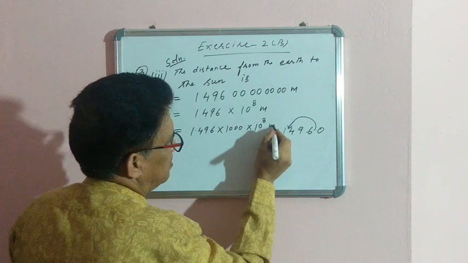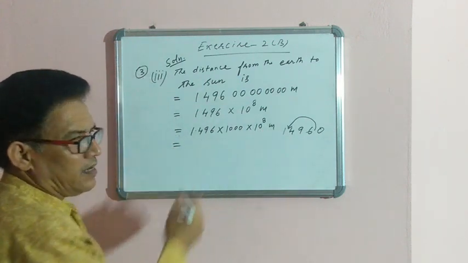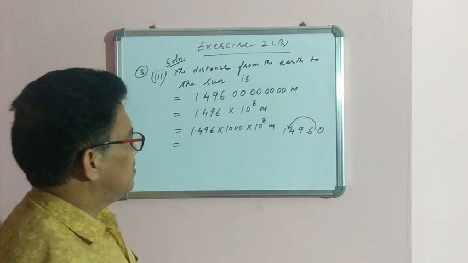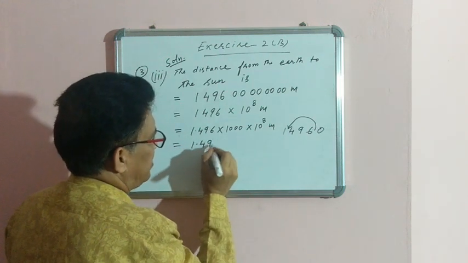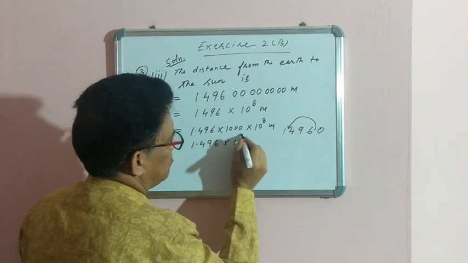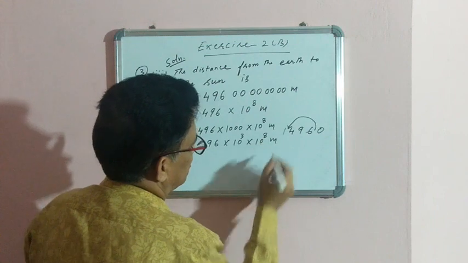Now 1000 is equal to 10 power 3. So 1.496 into 10 power 3 into 10 power 8 meter.